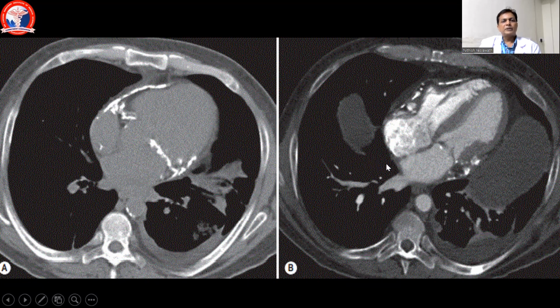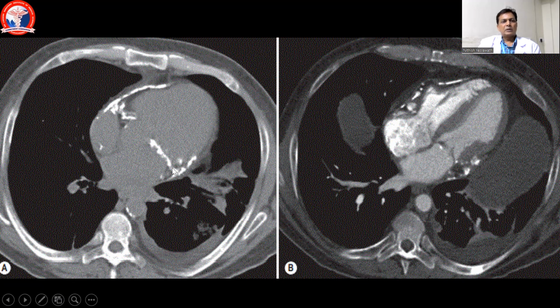Here are the CT scan images too. What we get to see is thick calcification seen around the heart and in the atrioventricular groove region.